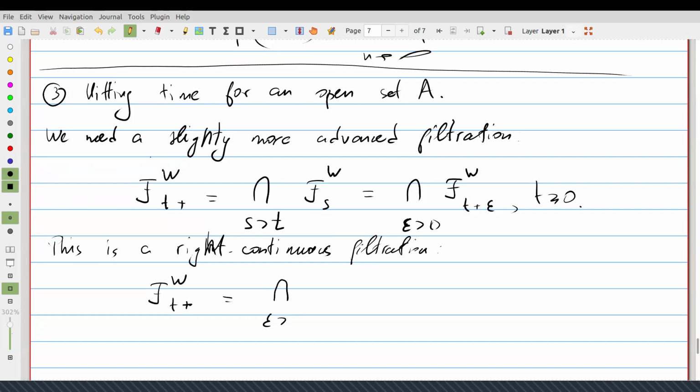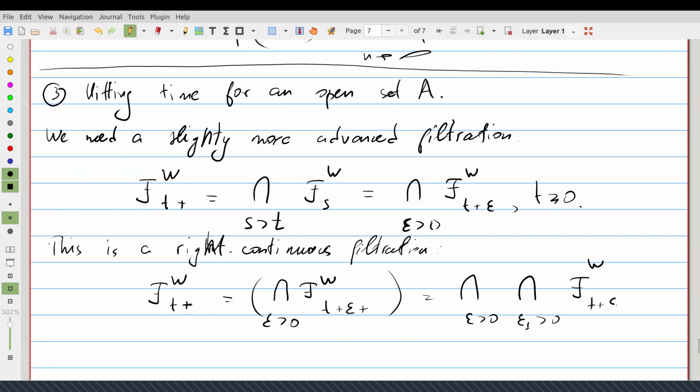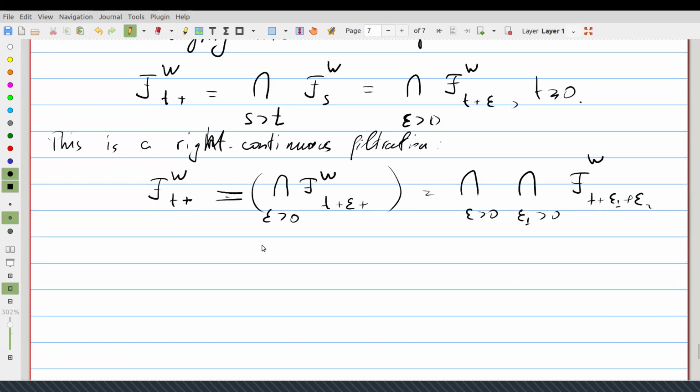If we take this already augmented filtration and apply the same procedure, we effectively see this, because we now have 1 over epsilon and 1 over epsilon 1. We have this equality. So such filtrations are called right continuous. They coincide.